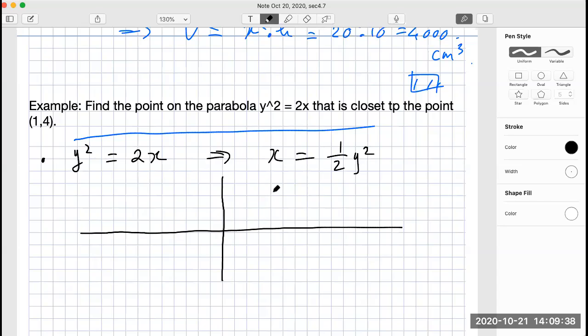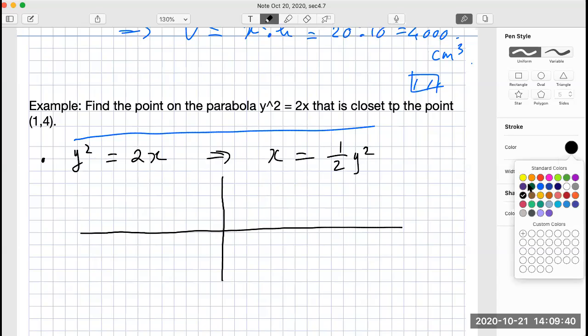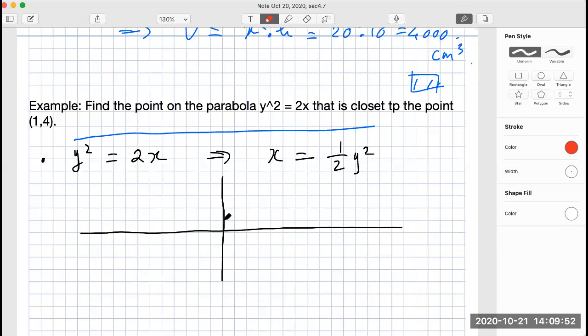But now we write it another way around. Therefore, at y is equal to 1, it is 1/2. 1 here, it is 1/2 right here. At y is equal to 2, then it will be 2 squared divided by 2, it is 2 right here.